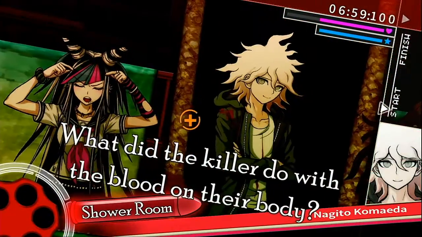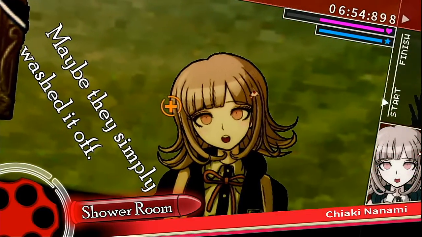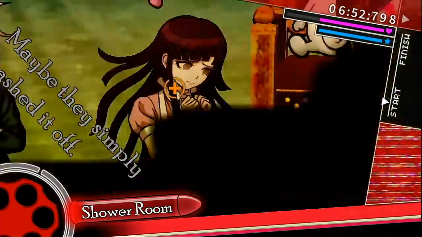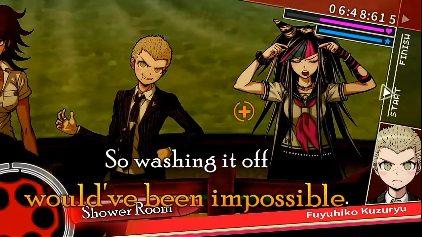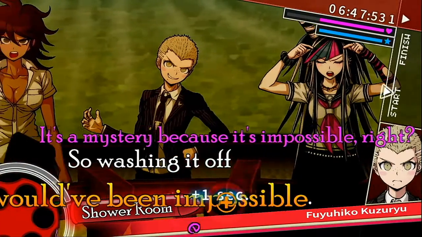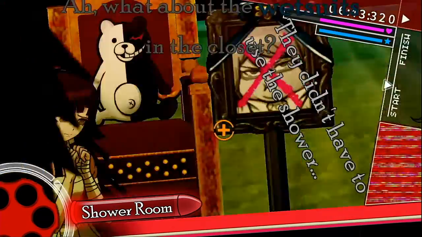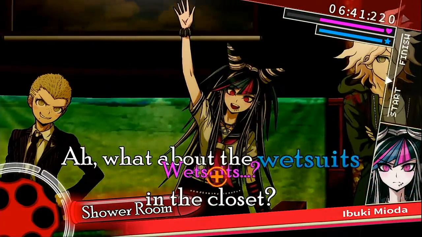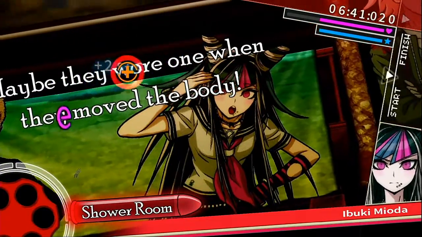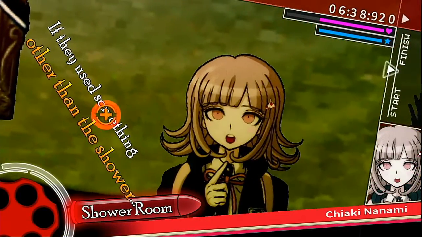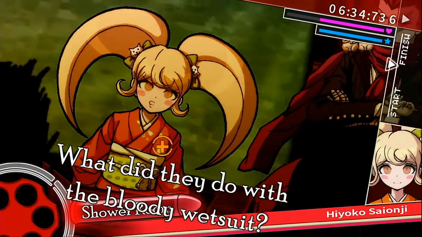What did the killer do with the blood on their body? Maybe they simply washed it off. They couldn't use the shower, right? So washing it off would have been impossible. They didn't have to use the shower. Oh, what about the wetsuits in the closet? Maybe they wore one when they moved the body. If they used something other than the shower, what did they do with the bloody wetsuit?